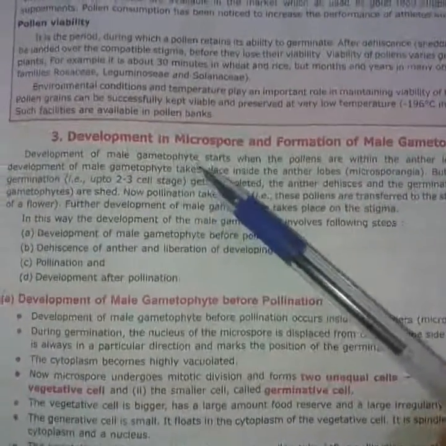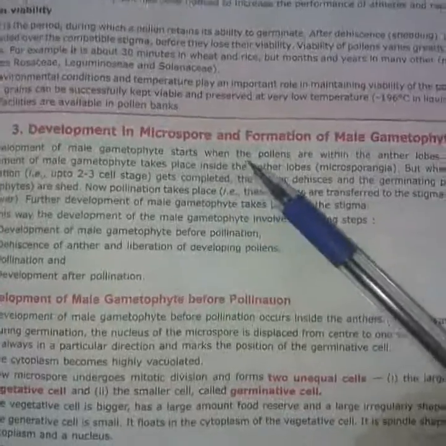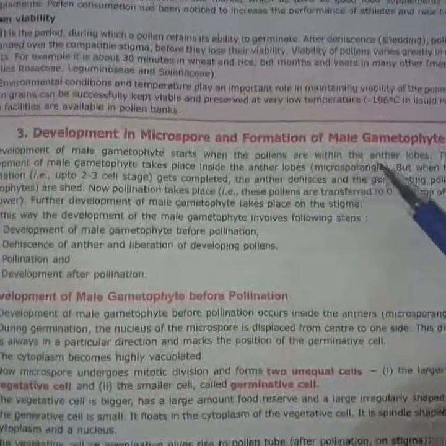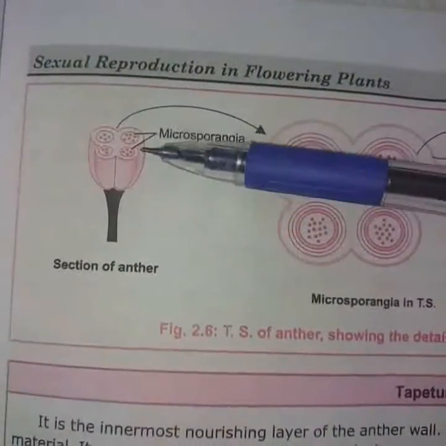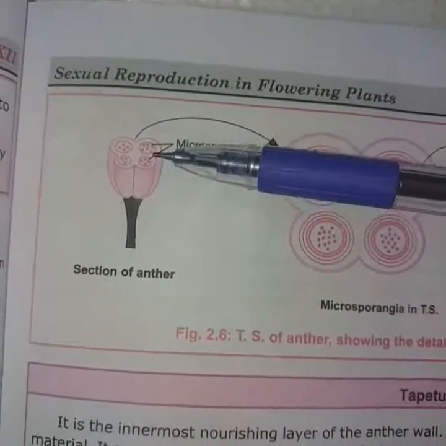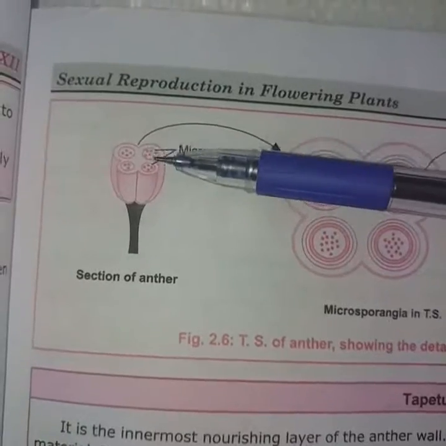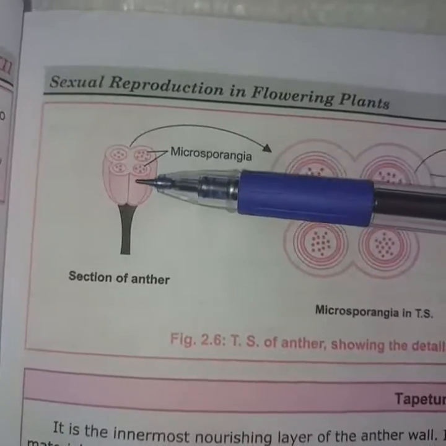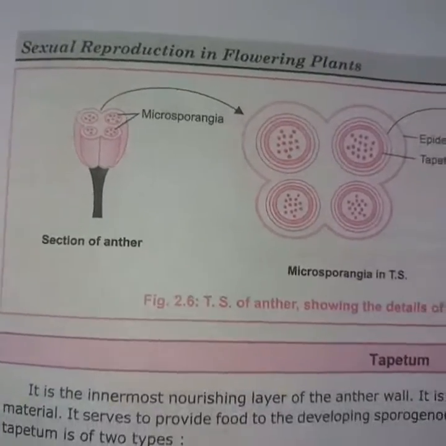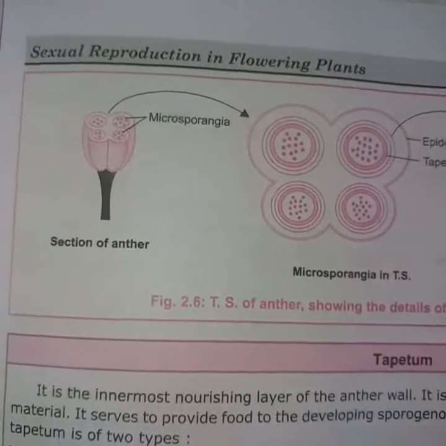Development of the male gametophyte starts when the pollen is within the anther lobes. These are the anther lobes. When pollen grains are present in the anther lobes, the maturing stage starts.